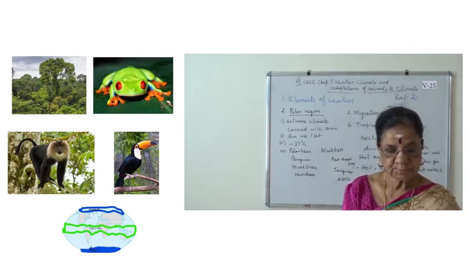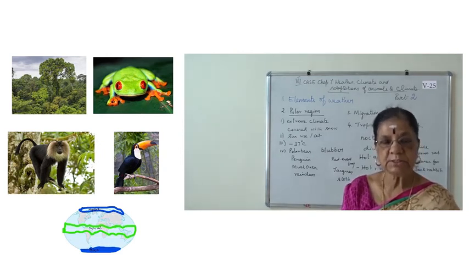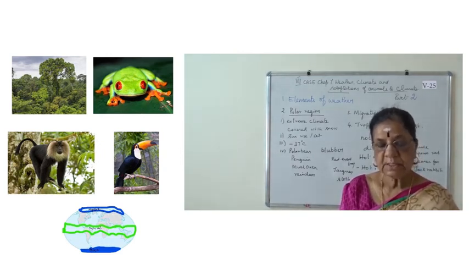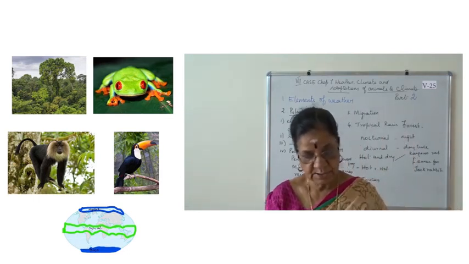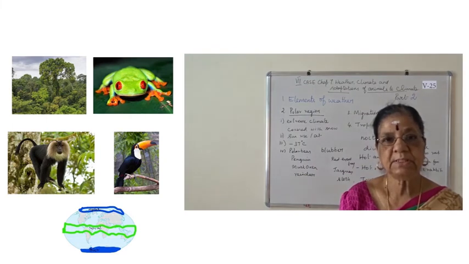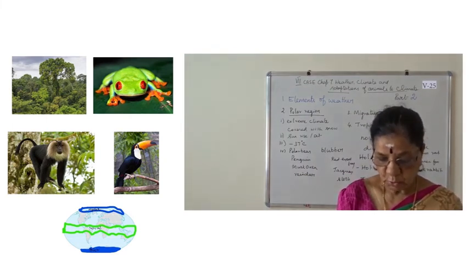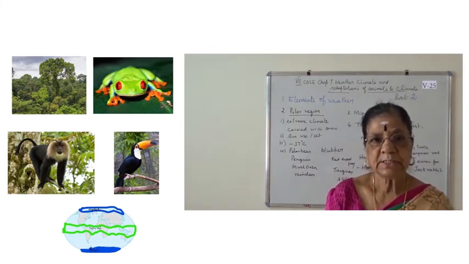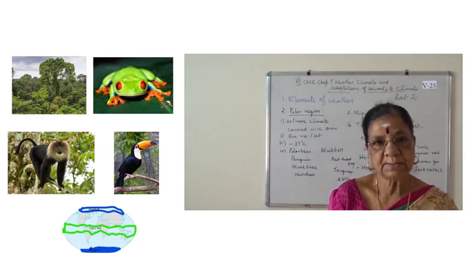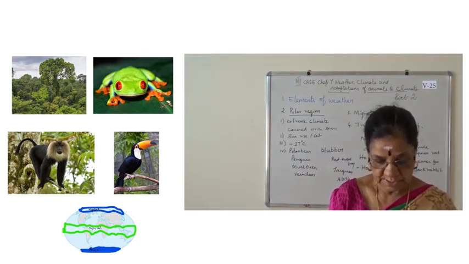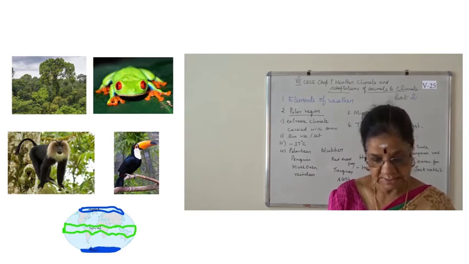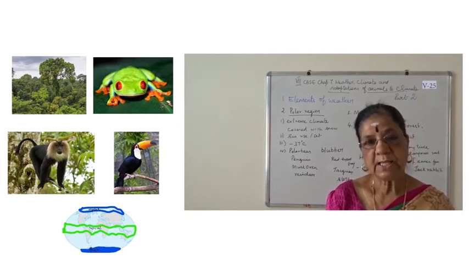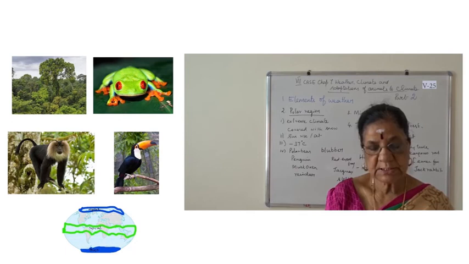What do we say? As tropical regions are located near the equator, tropical rainforests have a warm and wet climate and receive heavy rainfall. They are home to a wide variety of plants and animals. Here you can see monkey, lizard, snake, jaguar, elephant and many varieties of birds and insects.